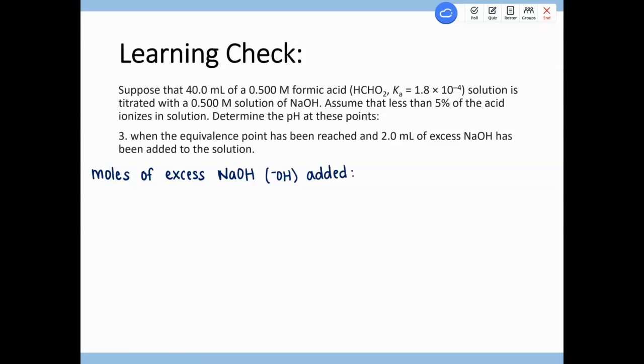And so that is the liters, which is 2 milliliters is 0.002 liters, and then the concentration is still 0.5 moles per liter.